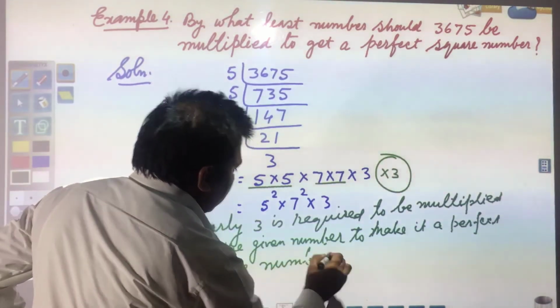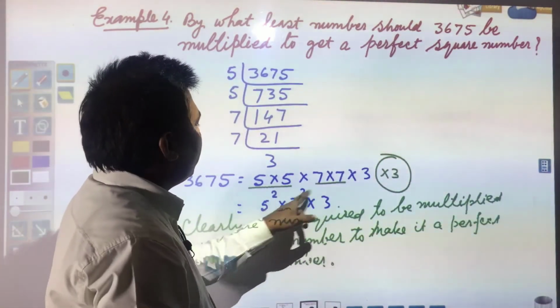This will be your answer, and you can find out also what the new number will be.